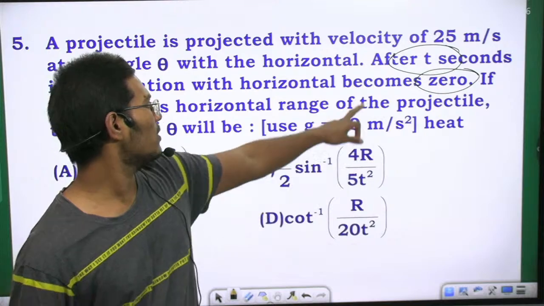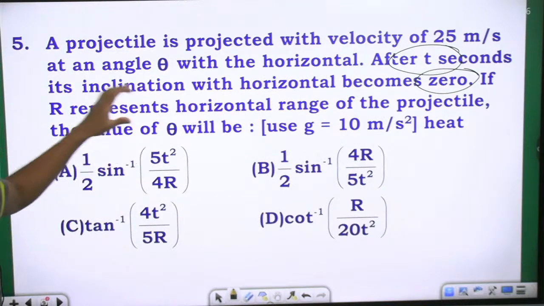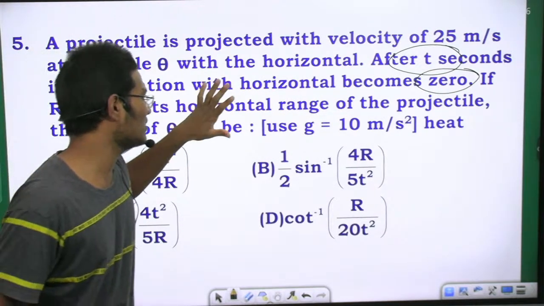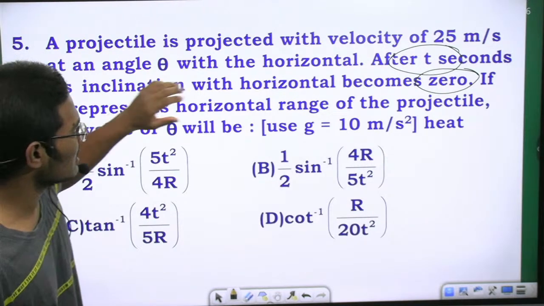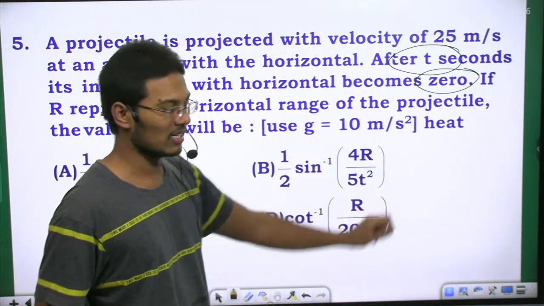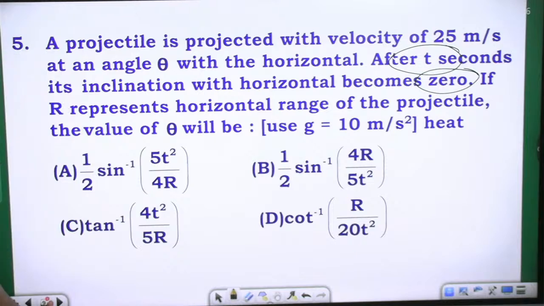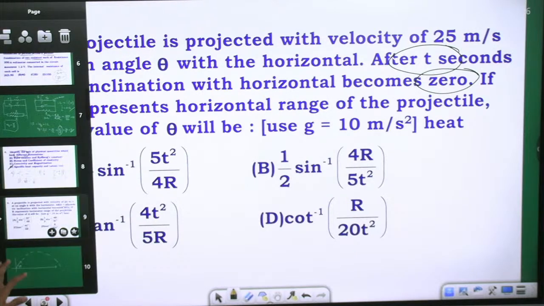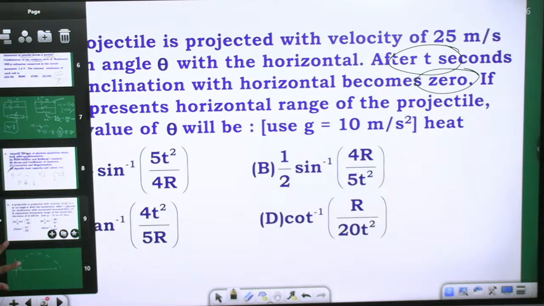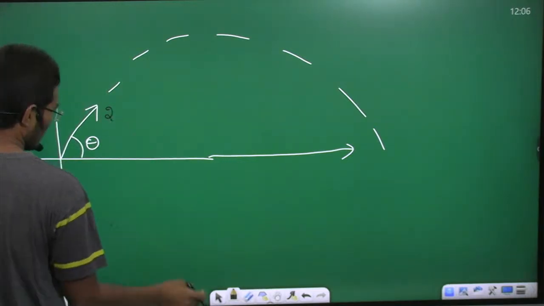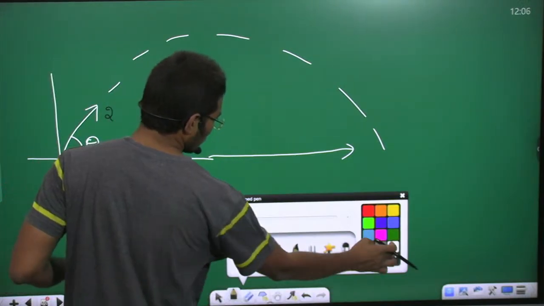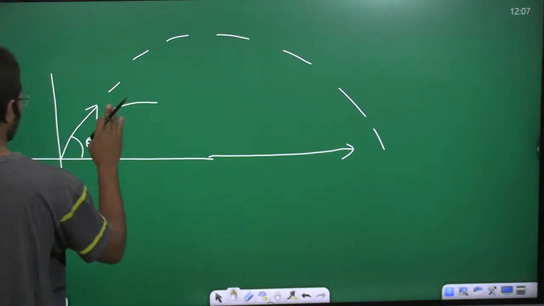So if you convert this line into a mathematical form, it says that the particle has reached its maximum height after t seconds. Okay. So it is projected with a velocity of 25 meters per second.